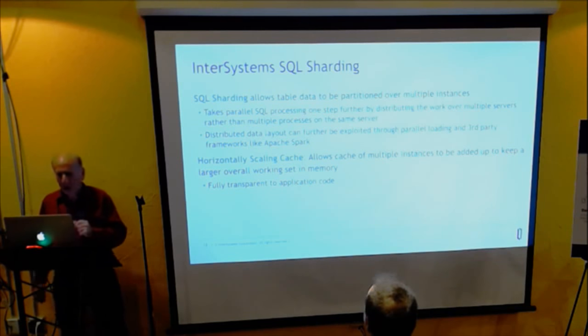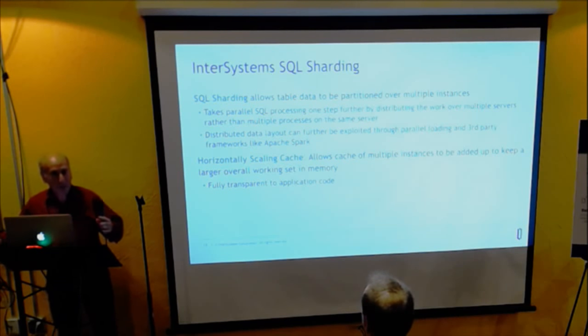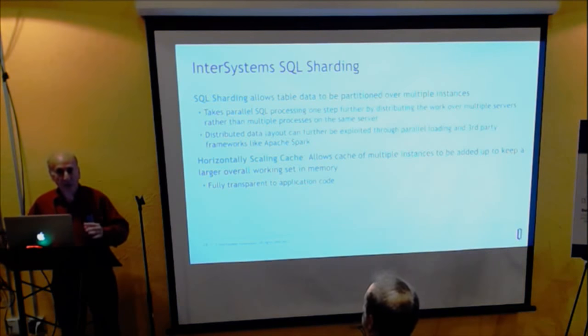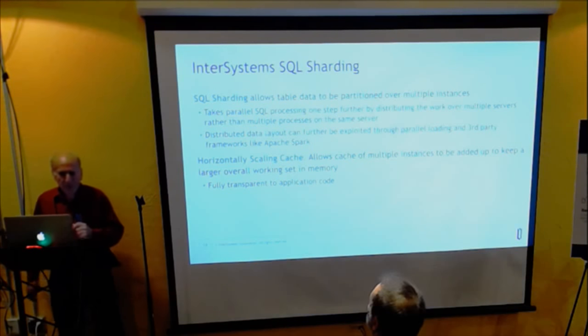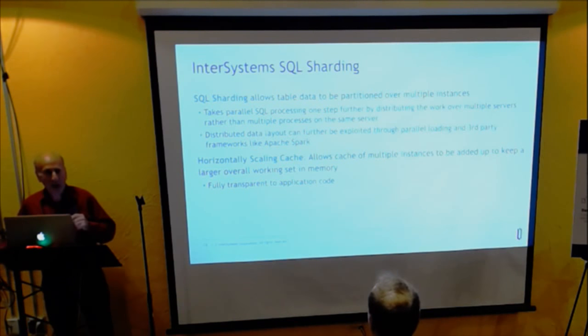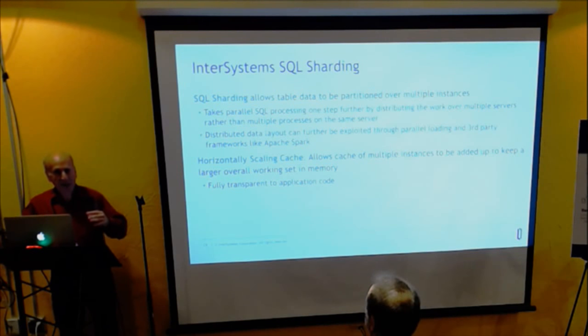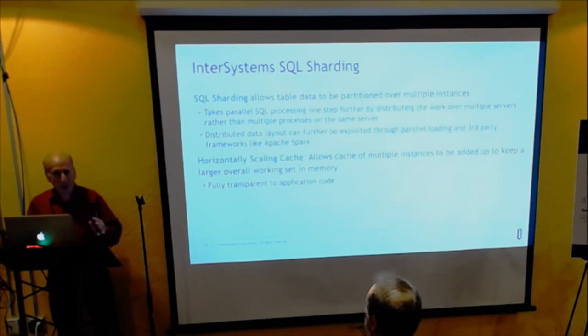So SQL sharding lets you partition your tables across multiple InterSystems IRIS instances, which can be, or typically would be, on separate machines. So it's taking what you can do with parallel SQL that we looked at earlier an order of magnitude step further, because you're not just parallelizing the processing in multiple cores, you're spreading the data out on separate machines.